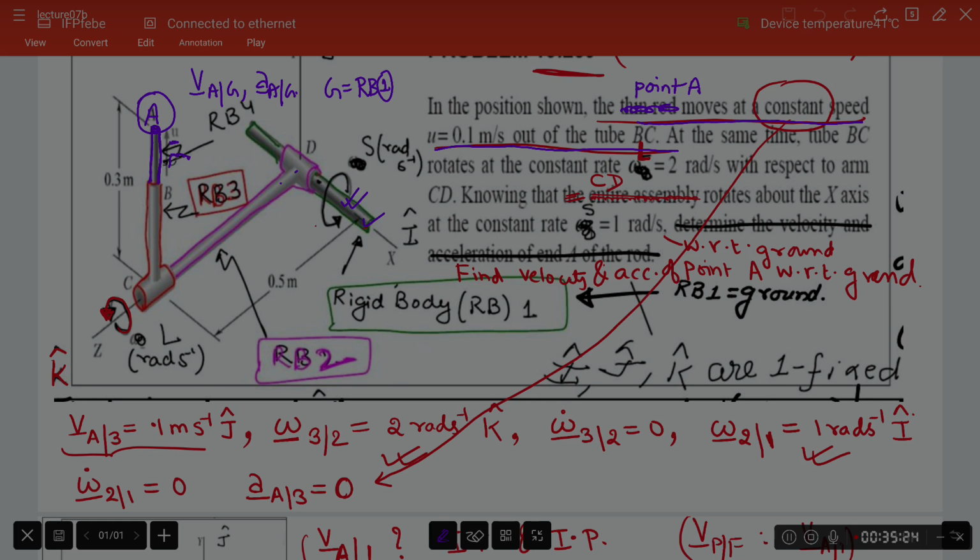And we need to find the velocity and acceleration of this point with respect to RB1. So instead of G, I can as well say that we need to find VA1 and AA1. These are the quantities we need to find.